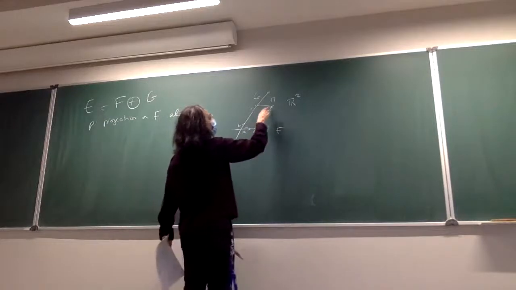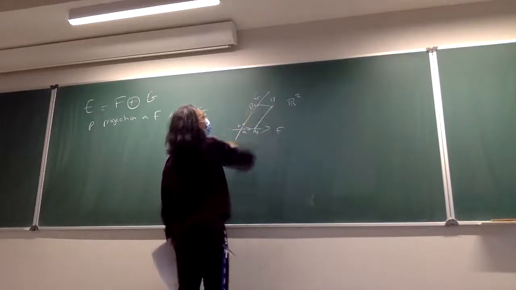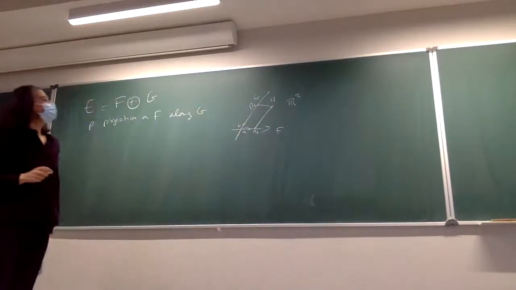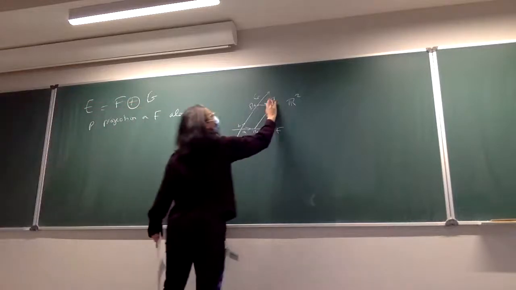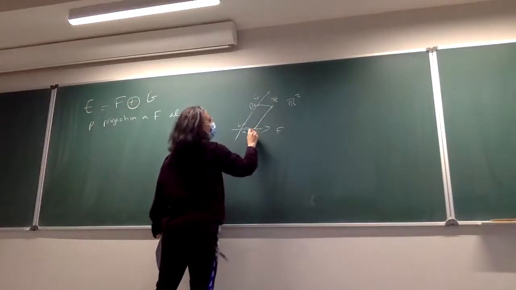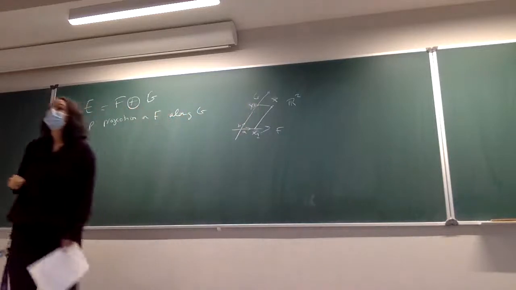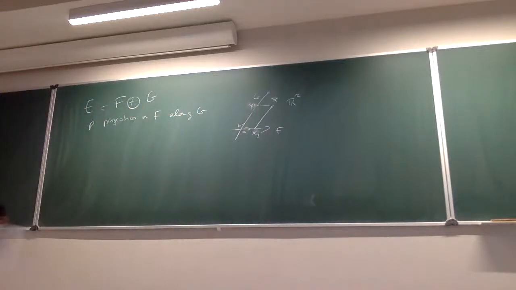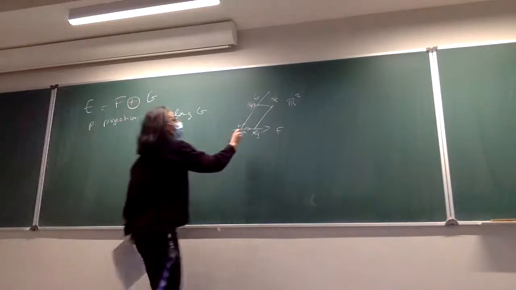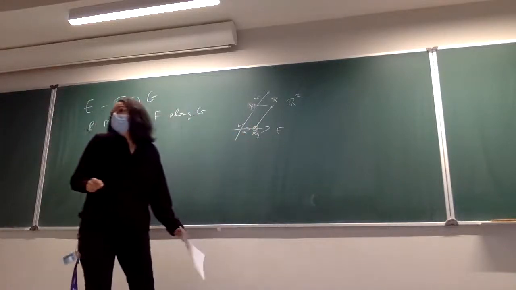Okay, so that would be the unique decomposition of M along F and G, or let's keep maybe the notations X, X1, and X2, right? Like we did, right? And the projection tells you, well, we keep only the X1 part. Okay?